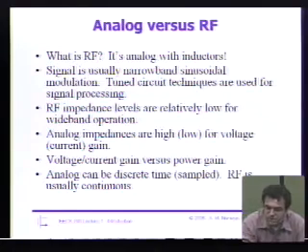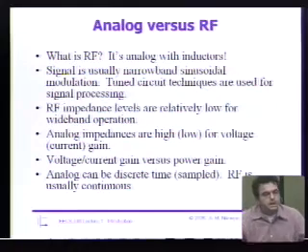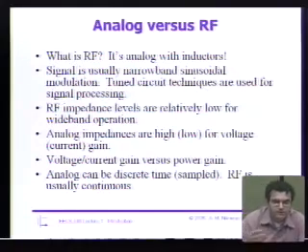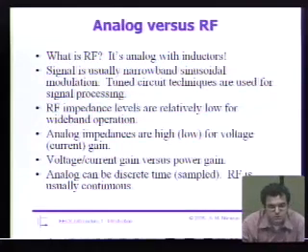Another huge distinction between analog and RF is the idea that we're going to digitize our signal anyway, right? I'm going to do a lot of analog signal processing, then convert it to a digital bit stream. That gives me the flexibility to discretize the analog signal.